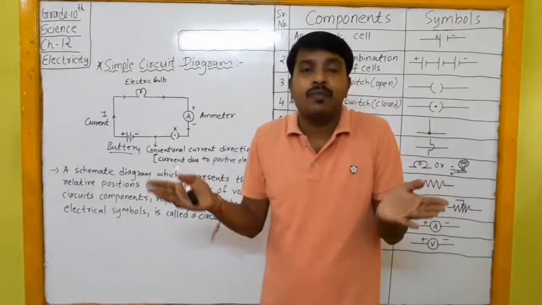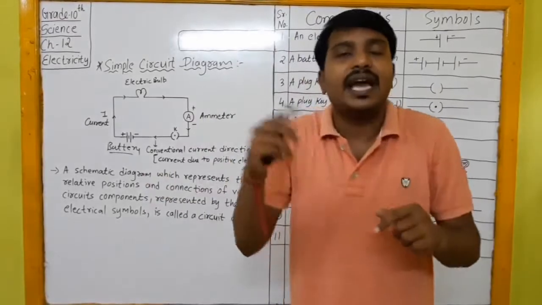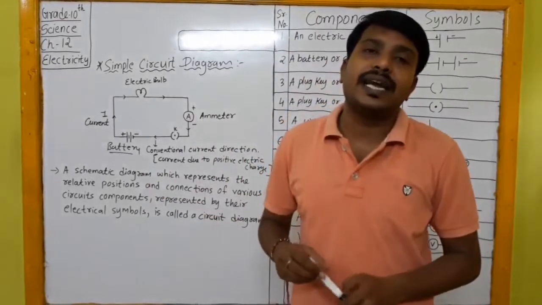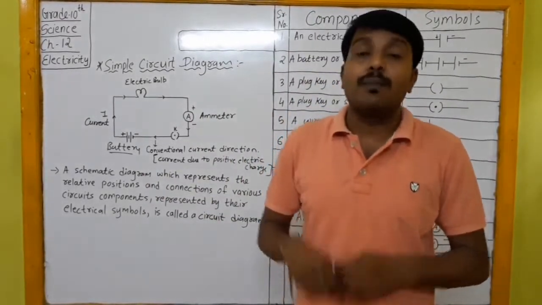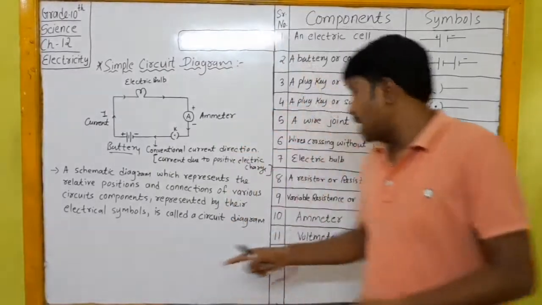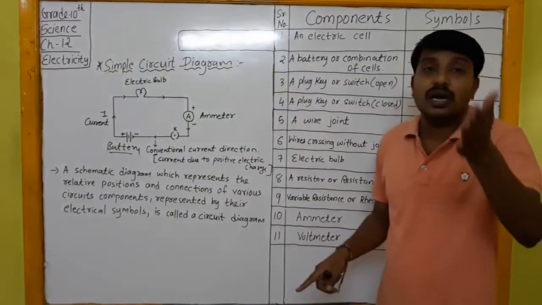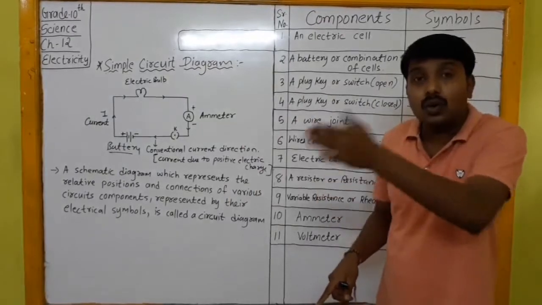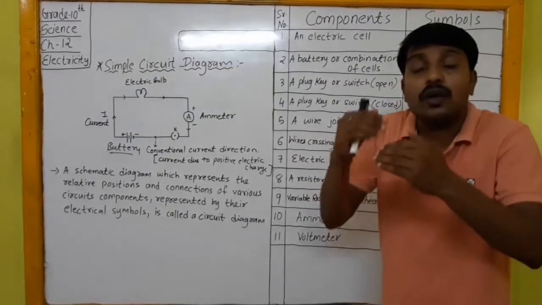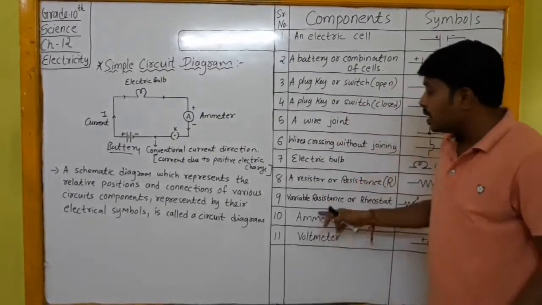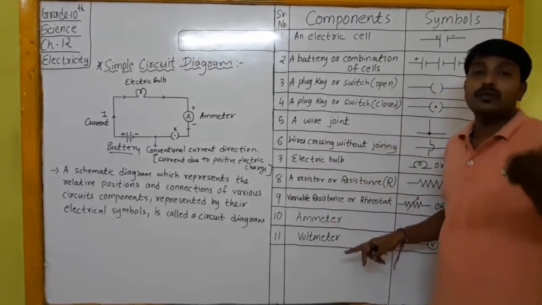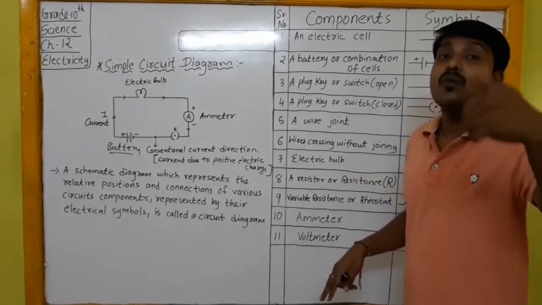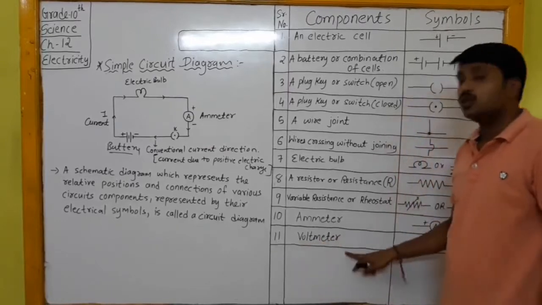Suppose there is a place, and whether electric current is present there or not can be detected by using the galvanometer. To detect electric current, use the galvanometer. But if you have to measure the electric current, then use the ammeter. And if you want to calculate the voltage in the circuit, you will use the voltmeter.